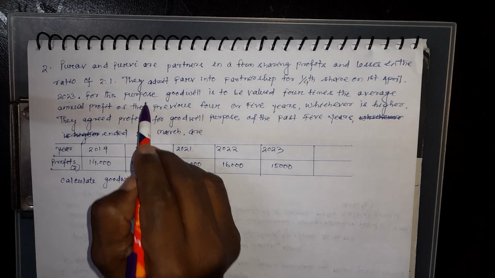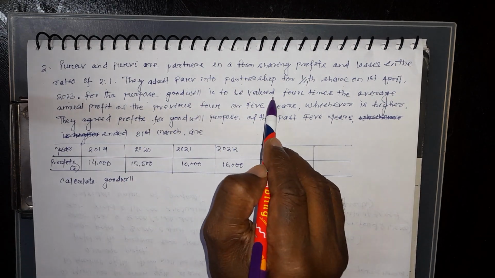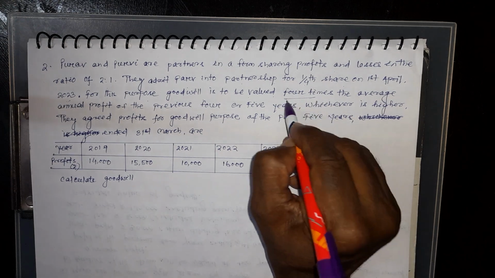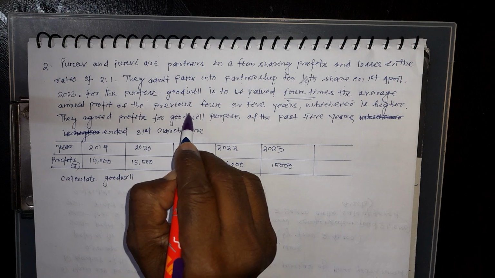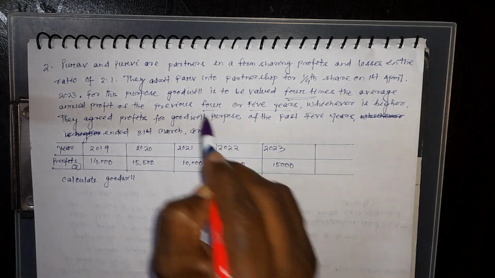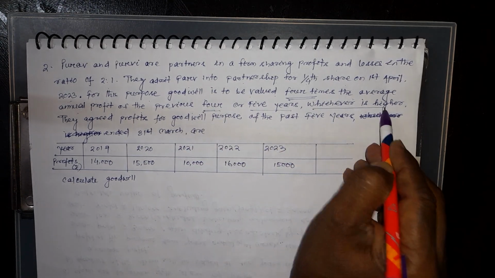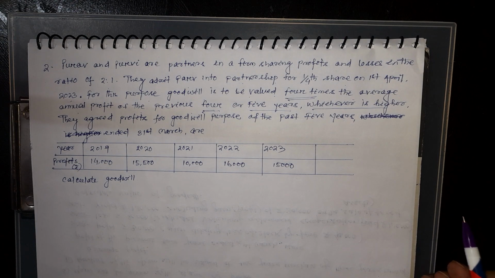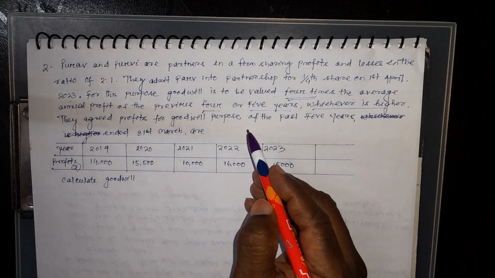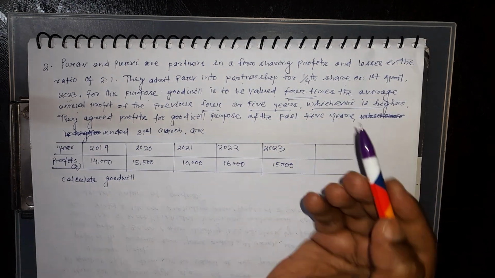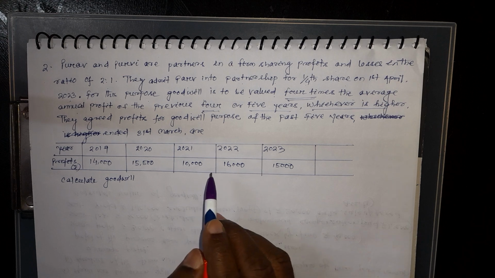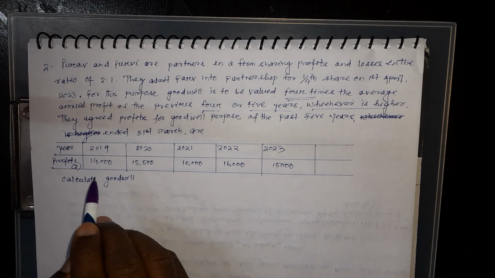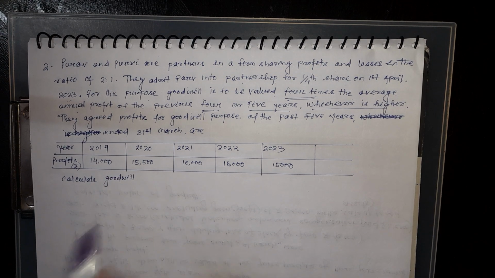For this purpose, goodwill is to be valued at 4 times the average annual profit of previous 4 or 5 years, whichever is higher. This is the condition: average profit of 4 years or average profit of 5 years, whichever is higher, will be used for the calculation of goodwill.